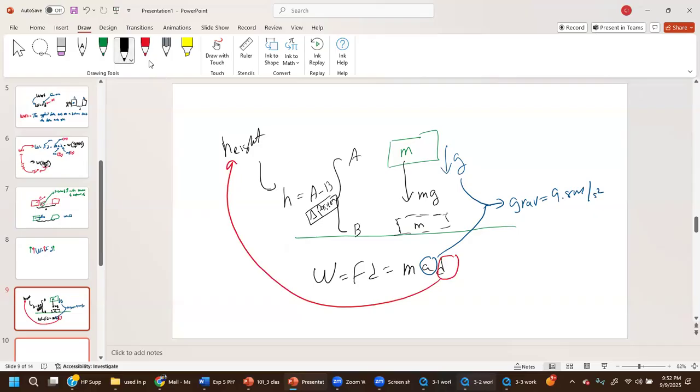So in this case, our work will be your mass times your gravity times your height. And this is going to be your work done against gravity.